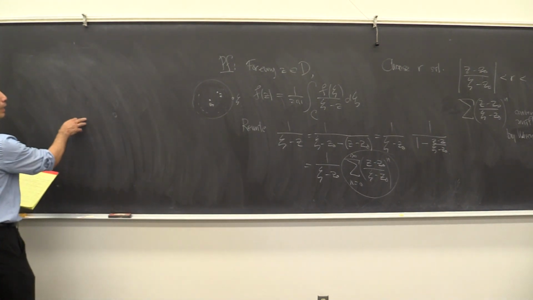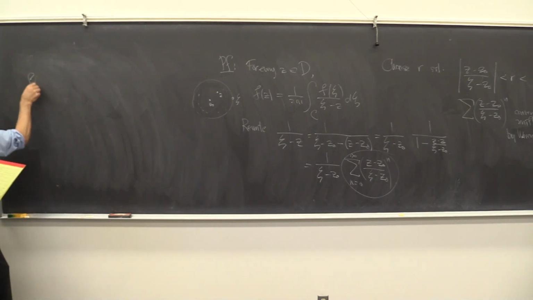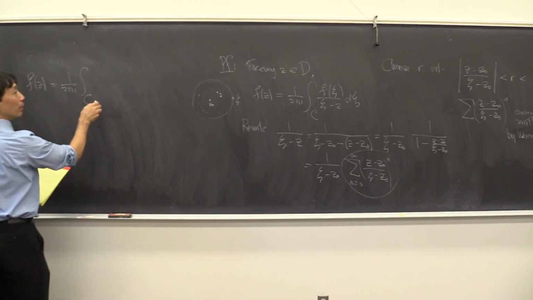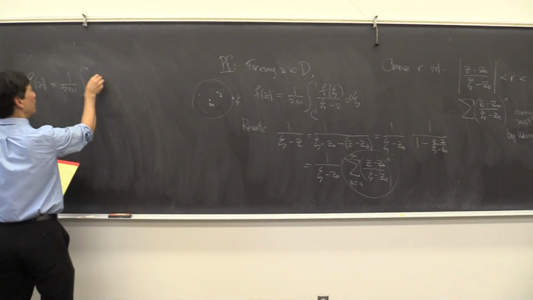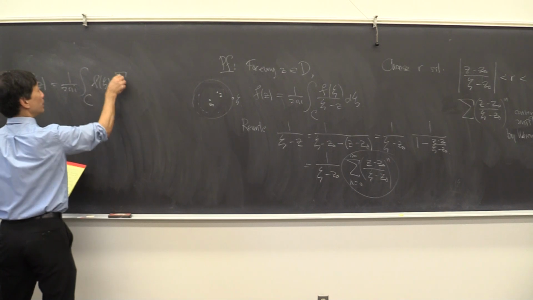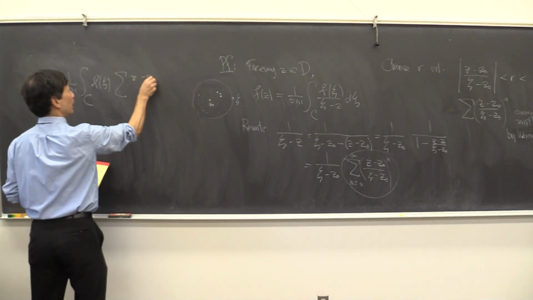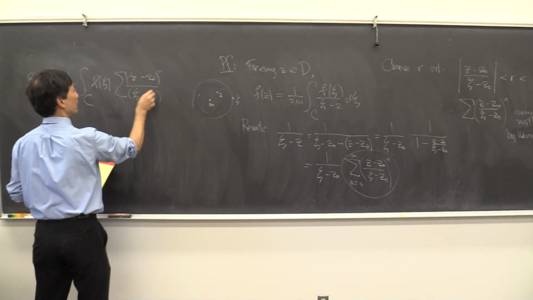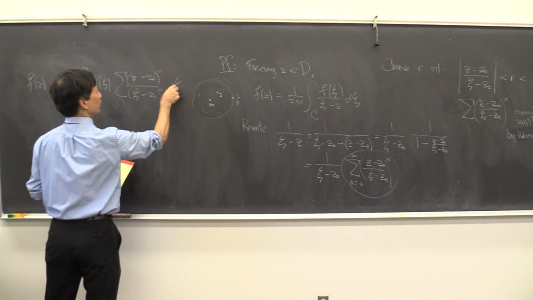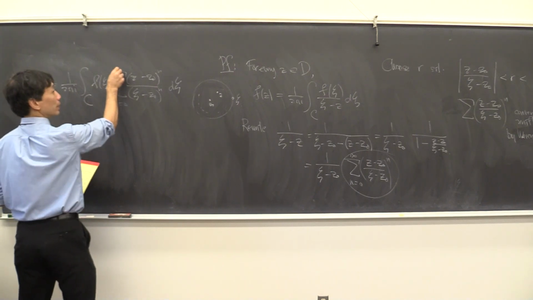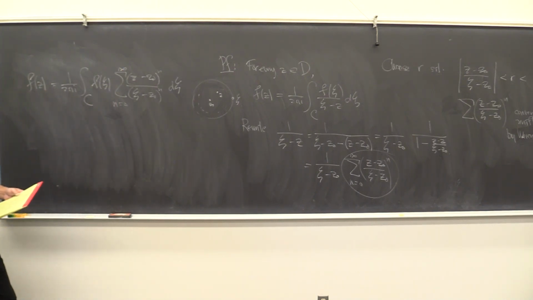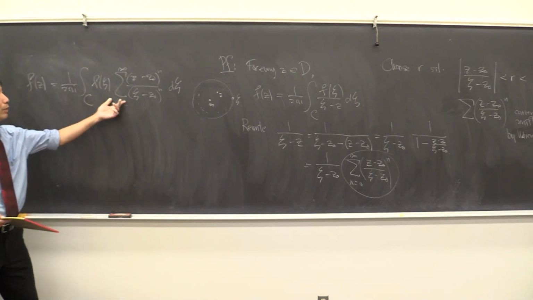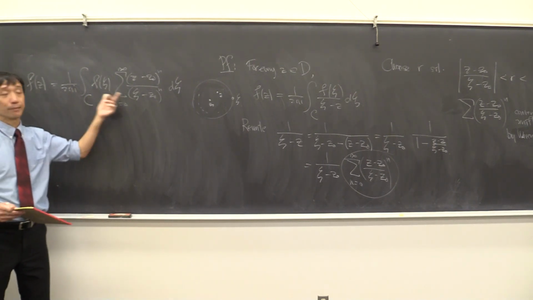So what does that allow us to do? Now we have f of z equals 1 over 2 pi i, the integral of f of zeta times the summation of (z minus z naught) to the n over (zeta minus z naught) to the n, d zeta, from n equals 0 to infinity. This thing converges uniformly, and so we can pull the infinite sum out.